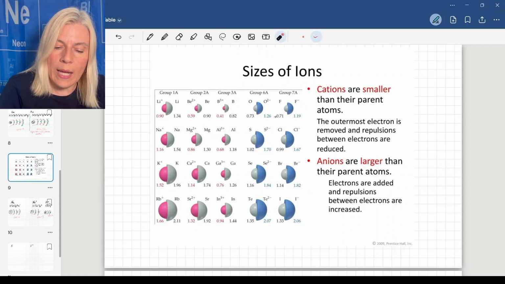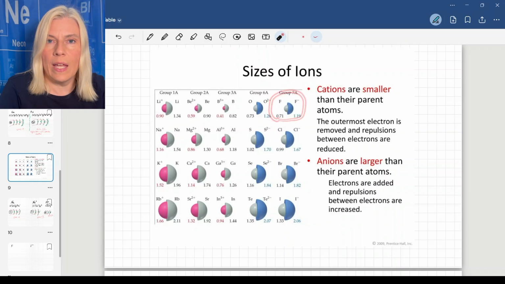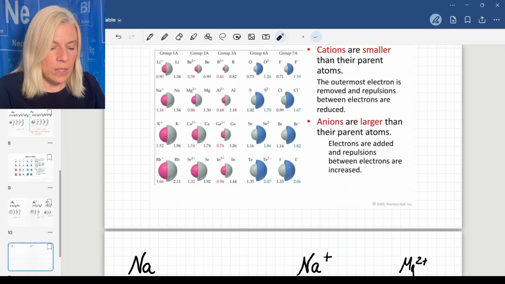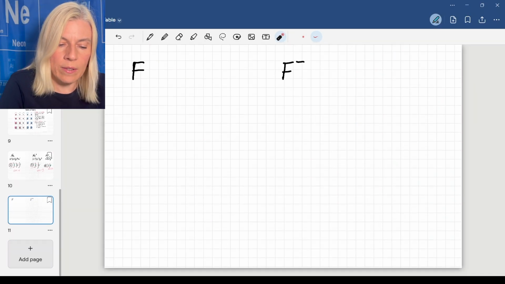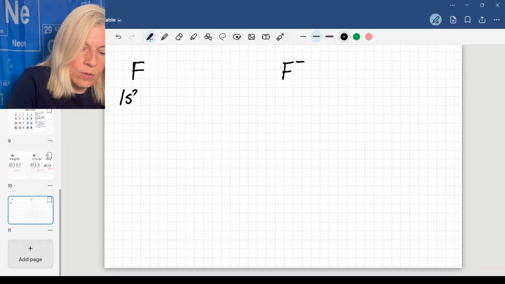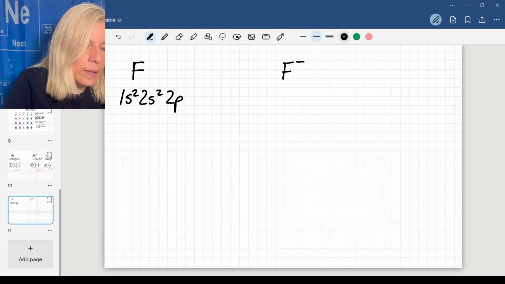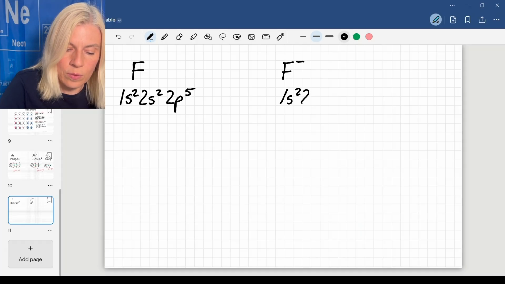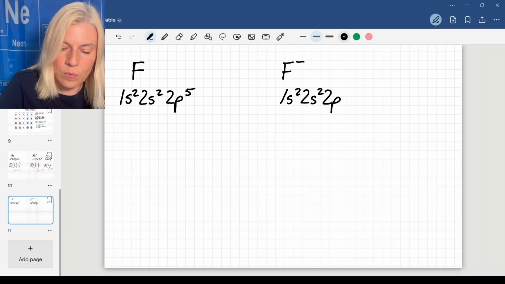Let's explain why anions are bigger than neutral atoms. So let's pick the simpler one, fluorine and fluoride. So fluorine atom and fluoride ion. We're going to have 1s2, 2s2, 2p5, and for the ion 1s2, 2s2, 2p6.